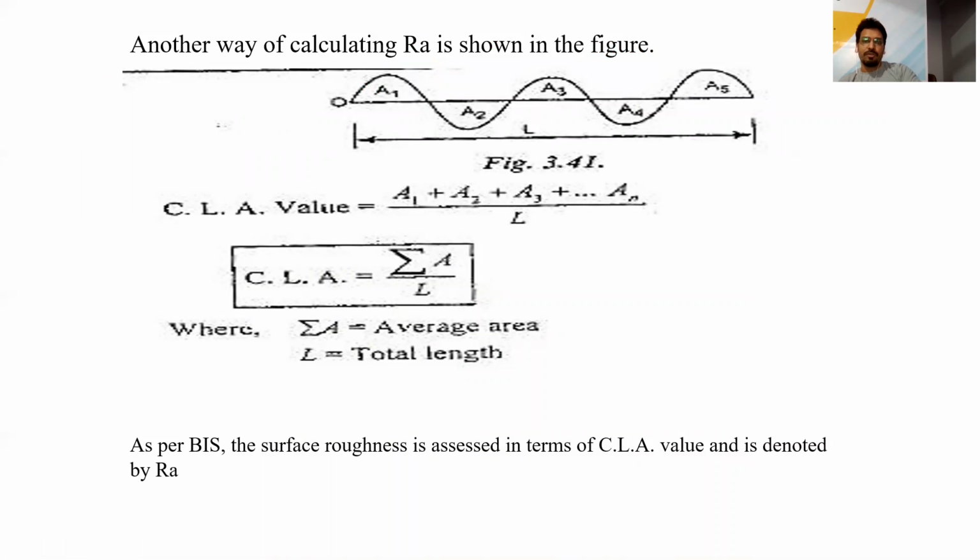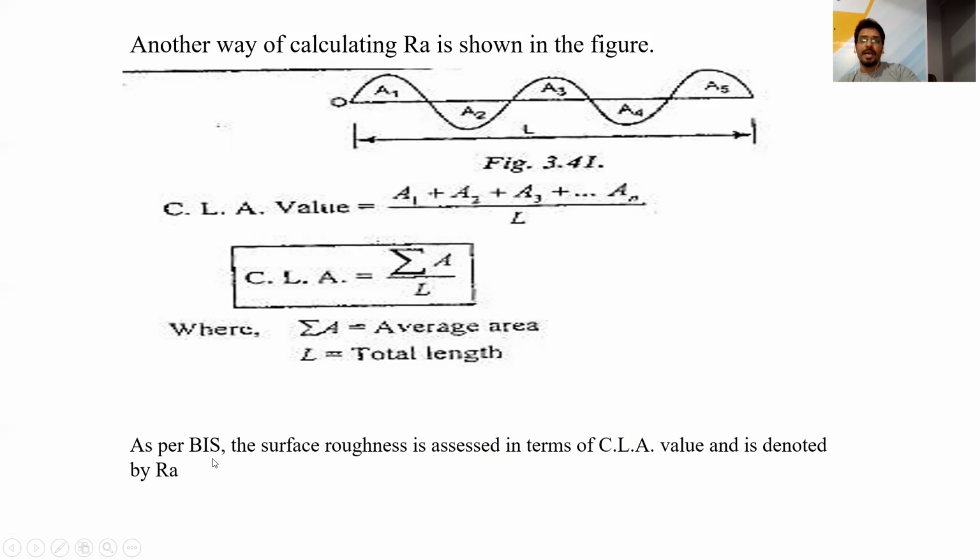In that case, we measure the area of each curve, like A1, A2, A3, A4, A5, with the help of a planimeter. After measuring the areas with the planimeter, we get the value of RA by taking the summation of all the areas divided by the total length under testing, which is the length of the specimen. So according to this method, the CLA value is the summation of all the areas divided by the total length.